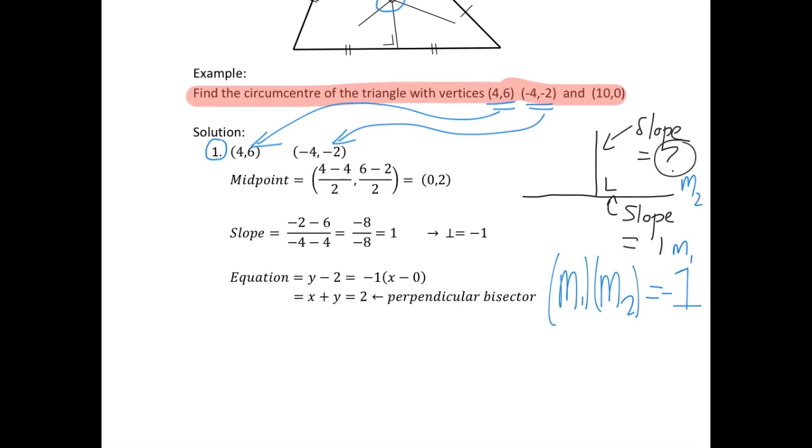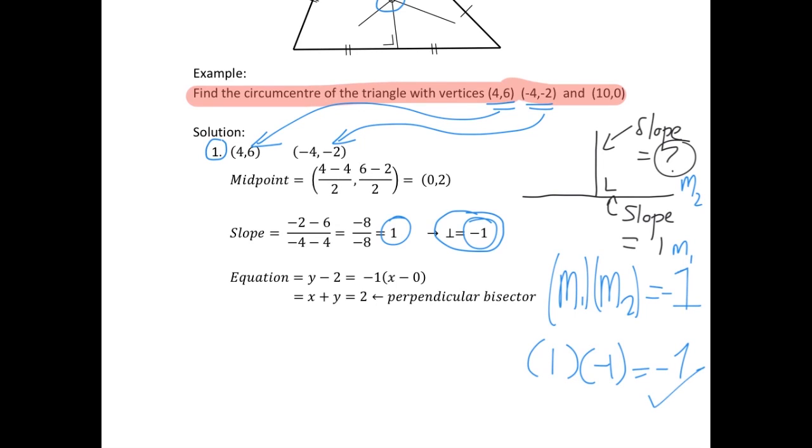So in order for that to happen, the slope of our perpendicular bisector is going to be -1, because then we'll have 1 times -1, which is -1, which is what we want.